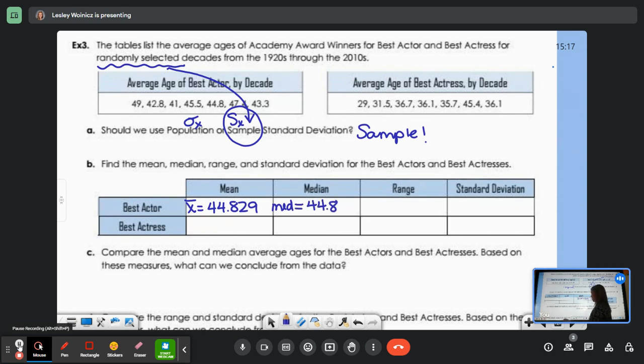Okay, the range. What's the biggest age for guys? 49. And the min? Okay, 49 minus 41 is 8. All right, what's the standard deviation? We said use sample. Correct, 2.756.